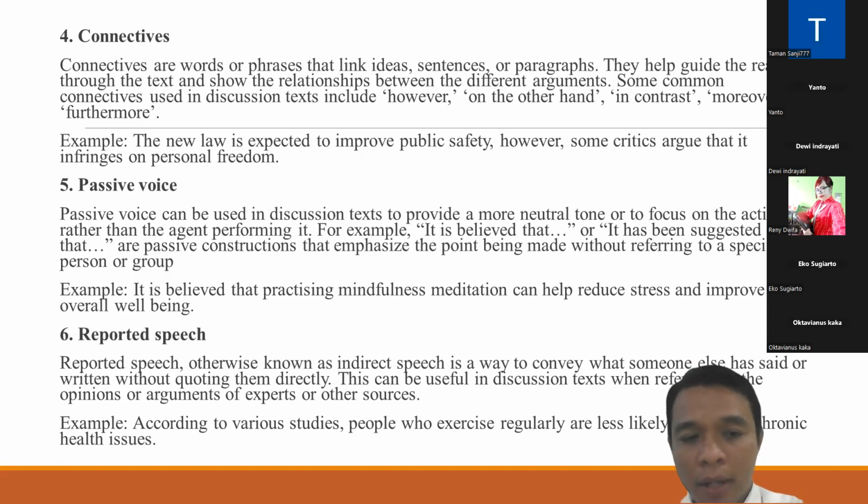And the sixth one is reported speech, otherwise known as indirect speech. It is a way to convey what someone else has said or written without quoting them directly. This can be useful in discussion texts when referring to the opinions or arguments of experts or other sources.